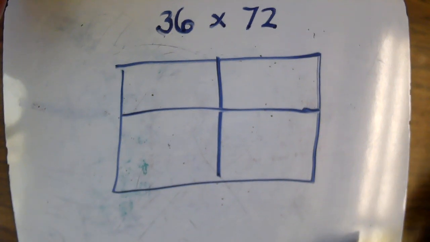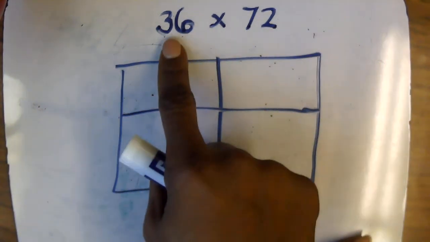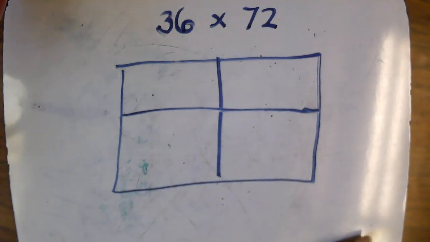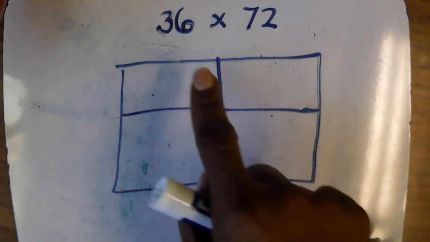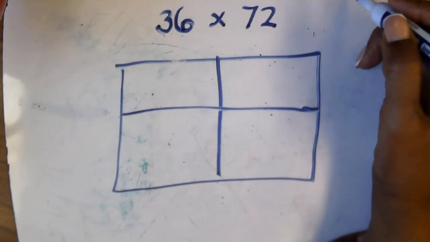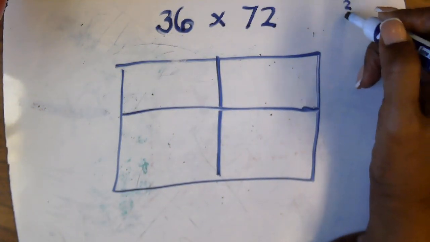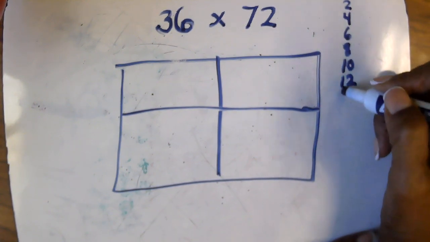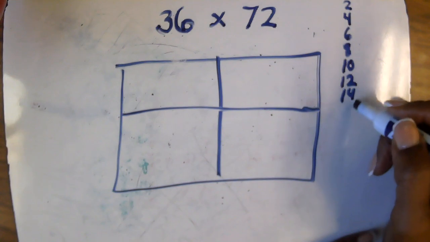Now I tell the scholars, you're going to do the multiples of 3 and 6 or the multiples of 2 and 7. Which do you know better? Whichever one they know better. It has to be 3 and 6 or 7 and 2. So I'm just going to do 7 and 2. I'm going to do 2, and I'm going to stop at 24 because that's 2 times 12.